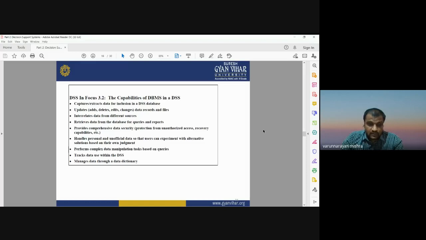So whatever the characteristics of DBMS you have already discussed in your DBMS class, all the capabilities, all the characteristics of DBMS are now very much useful in creating a decision support system. Okay, so these are some properties or capabilities of DBMS that can be very much useful in producing a decision support system.